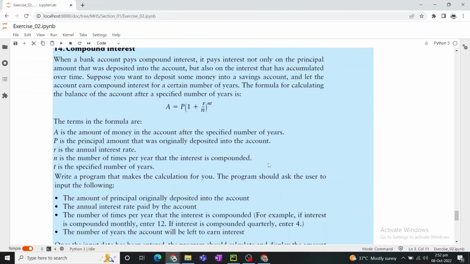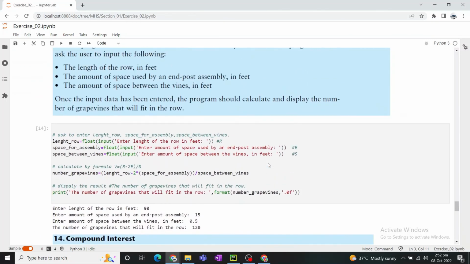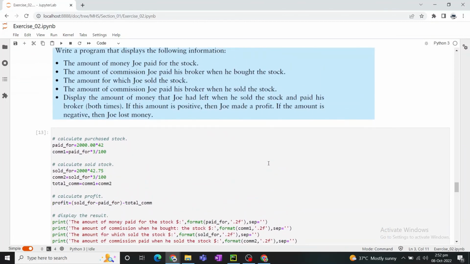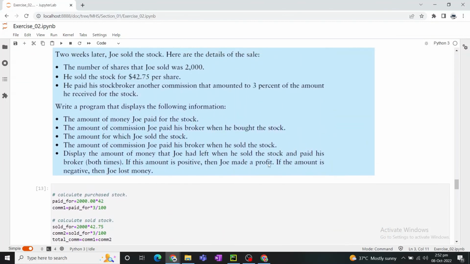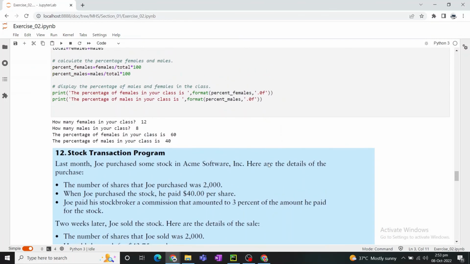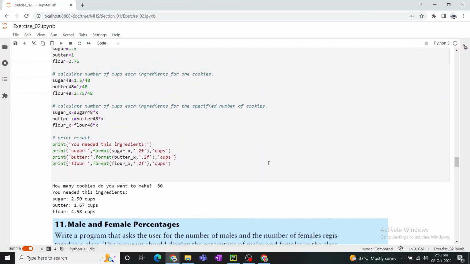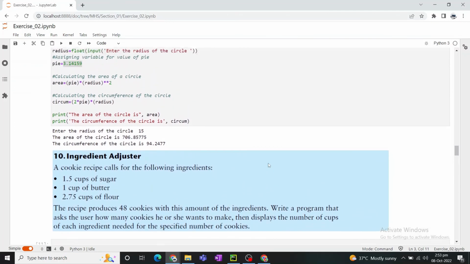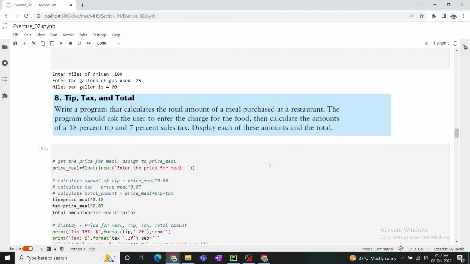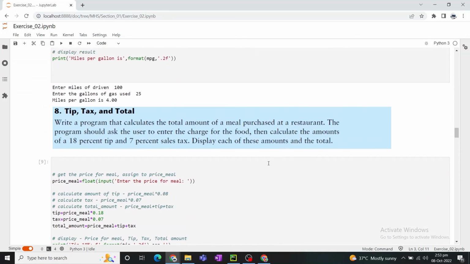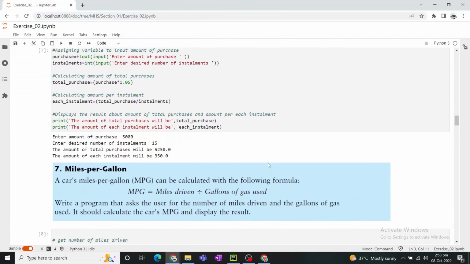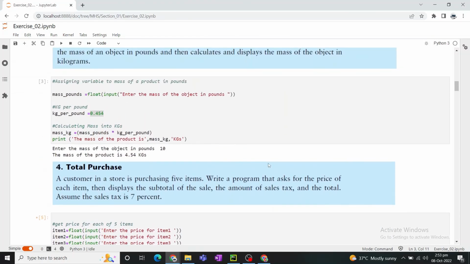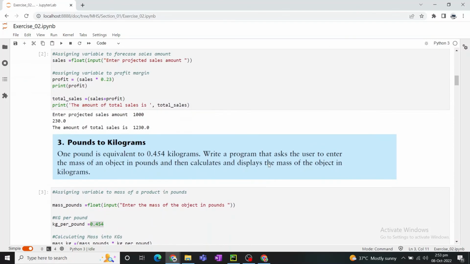And I believe this was very productive and fruitful for the people who are beginners and want to learn how to perform calculations, the formatting, how we have to give the input, and how we have to solve these simple word problems, whether they are sales and percentages, the insurance calculation, the commission rate, the conversion factor, the restaurant tip, tax and total, the miles per gallon, the payment installment, and all the physics formulas, the distance and total purchase.